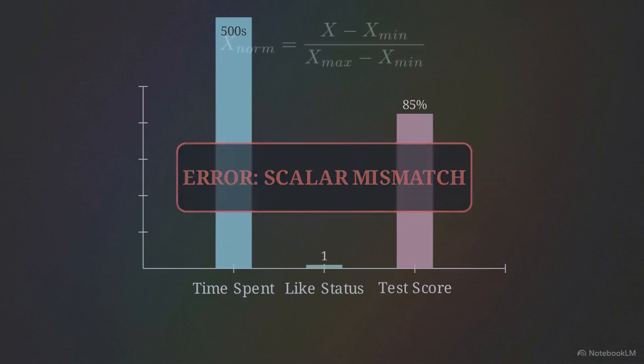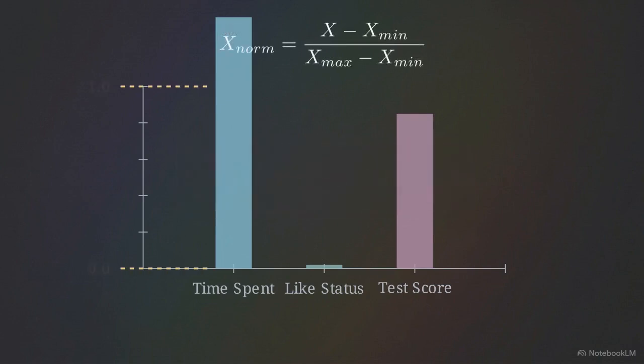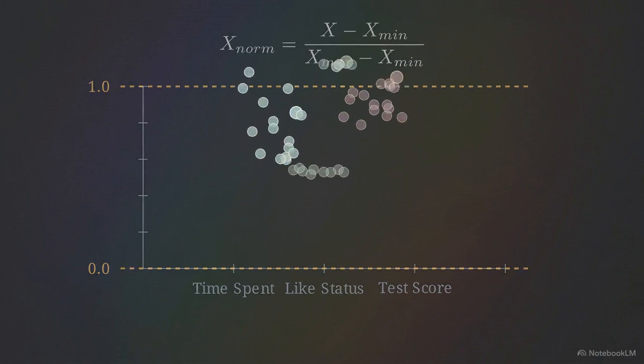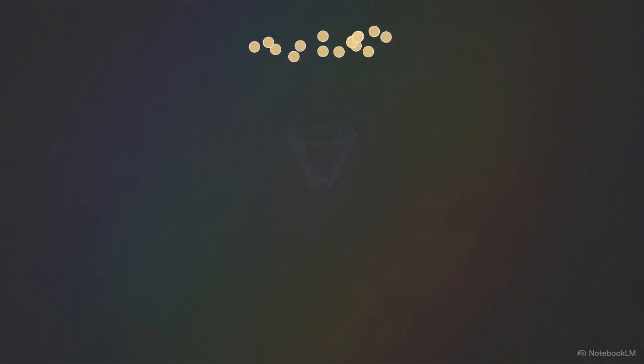To solve this, the QASOC system routes all raw inputs through a min-max normalization protocol. This equation takes the maximum and minimum values of any specific indicator and mathematically compresses every student's raw data into a uniform decimal falling precisely between 0 and 1. Once standard scaling is achieved, the algorithm calculates an average engagement score for each individual learner.